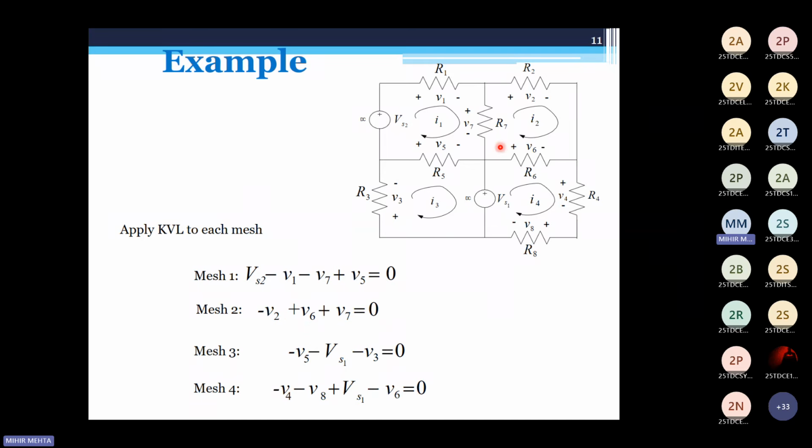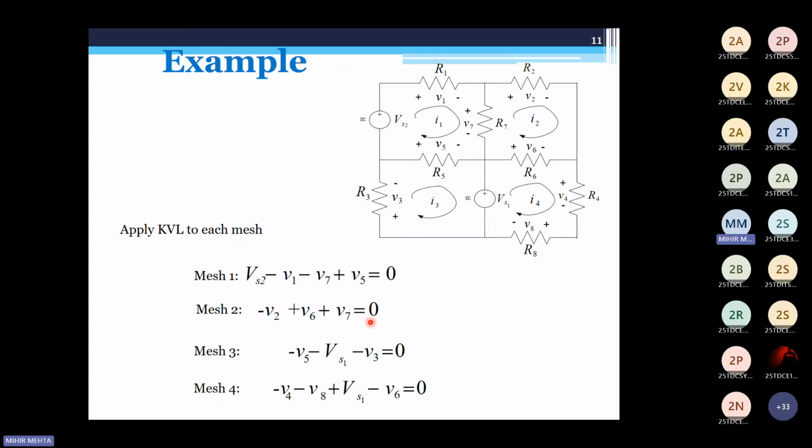And similarly, moving from bottom to top across R7, the voltage drop V7 is given where the top end is positive and bottom is negative. So the current direction would be opposite to my mesh current direction. That is why we take this particular voltage V7 as positive, which is equal to 0.